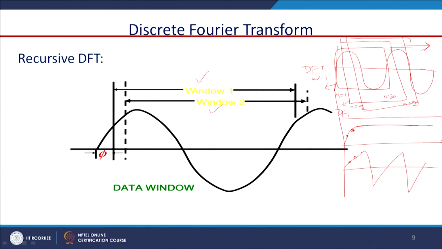We will use one technique known as recursive DFT. In this case, the DFT is calculated only once, for the first window. For subsequent windows we are not going to calculate the DFT anymore. The first DFT will be utilized to calculate the magnitude and phase angle of the second window of 20 samples per cycle data.